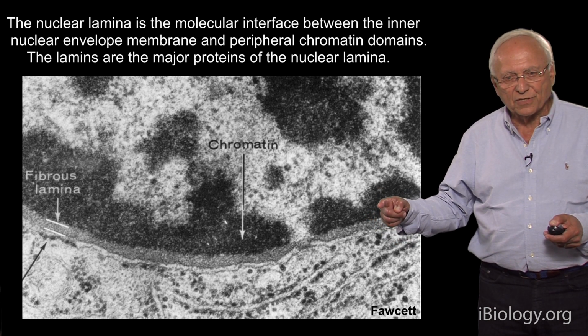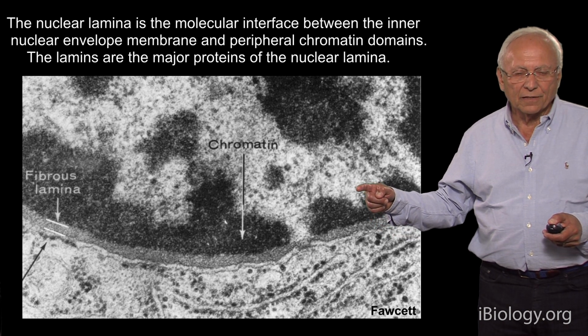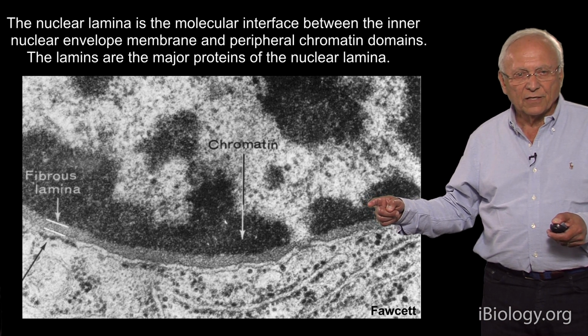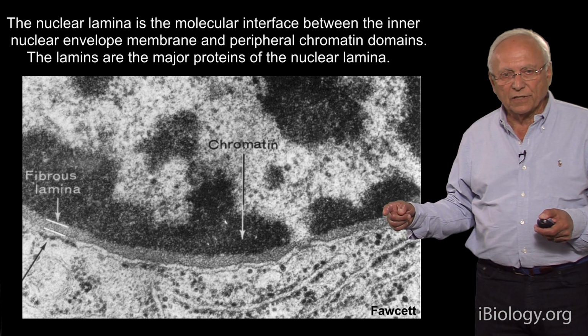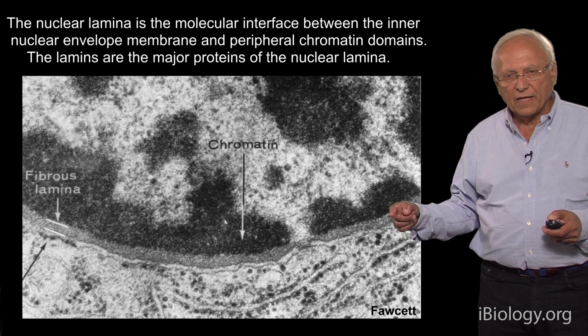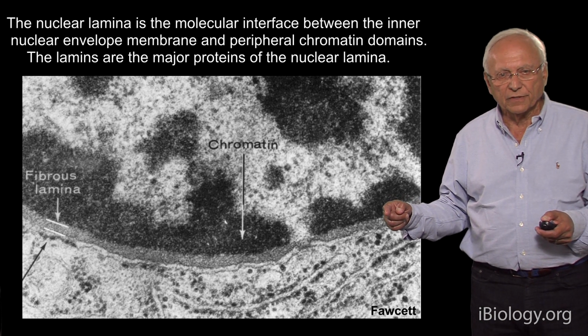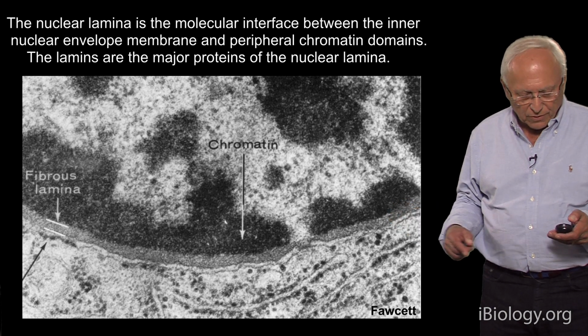But then you see just inside this lamina region, the peripheral elements of chromatin. So the nuclear lamina forms a molecular interface between the inner nuclear envelope membrane and peripheral elements of chromatin. The lamins, it turns out, are the major proteins of this lamina region.